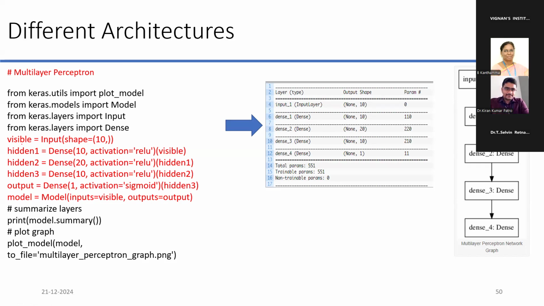Your output shape is given here. Then parameters: parameters represent the number of weights and biases in your layer. This is the graph of your multi-layer perceptron. All of this I generated from the Python code. Here: input layer, dense layer, dense layer, dense layer. We can call it a fully connected layer, or a dense layer.